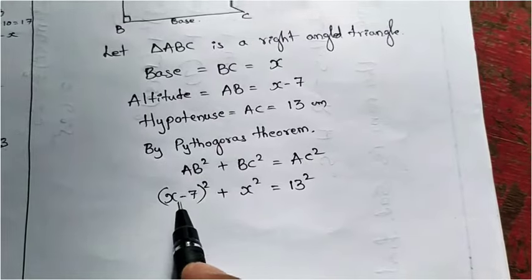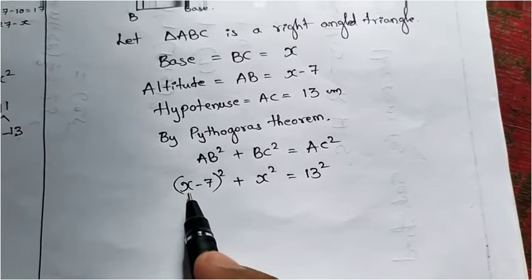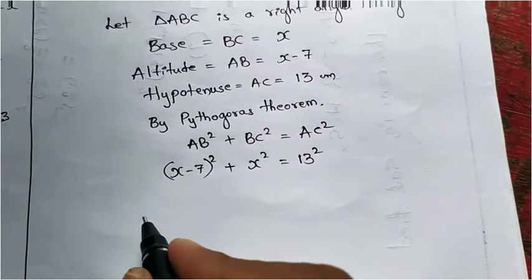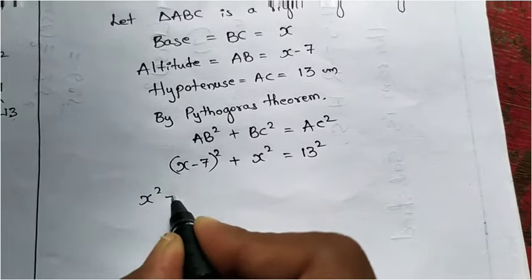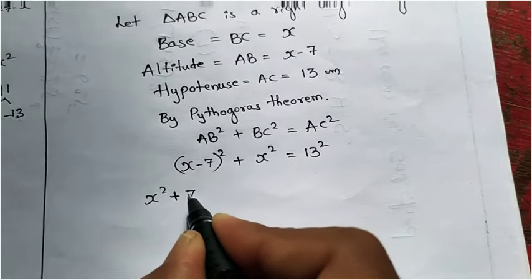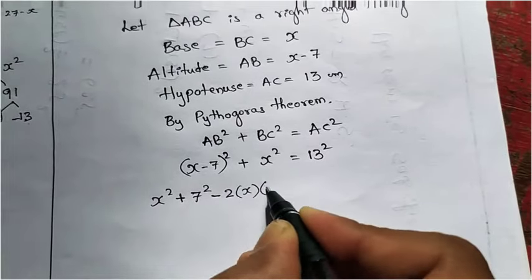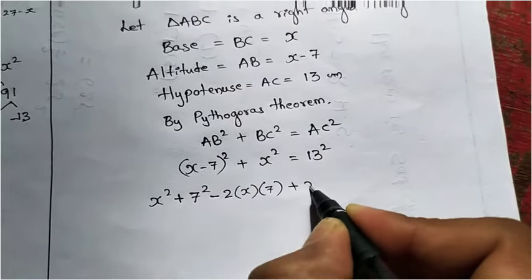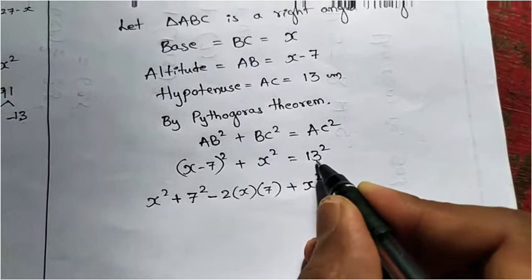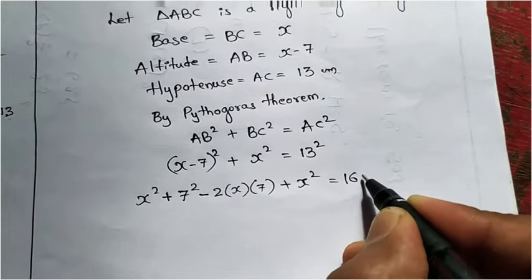Okay, so x minus 7, how to write this one? It is in the form of (a minus b) whole square. It means x square plus b square, means 7 square, minus 2ab, means 2 into x into 7, plus x square equal to 13 square, which is 169.